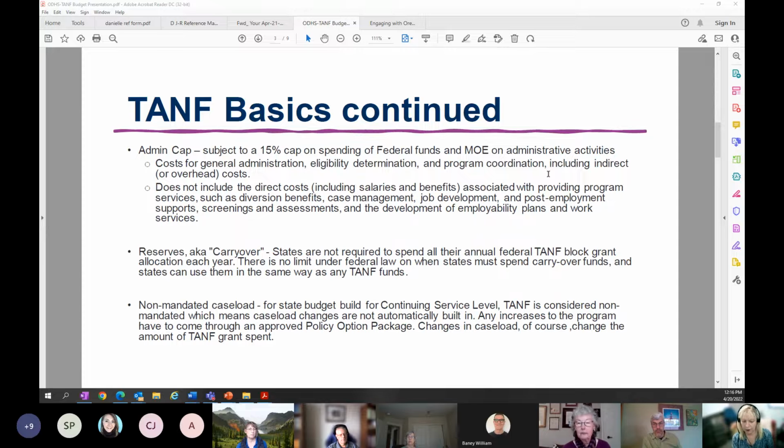Based on our current cost per case for a TANF case, for about every 1,000 cases that are either increased or decreased, it costs us around $6 million a year. So that's something that, as you think about things going forward, might be handy to have in your pocket.